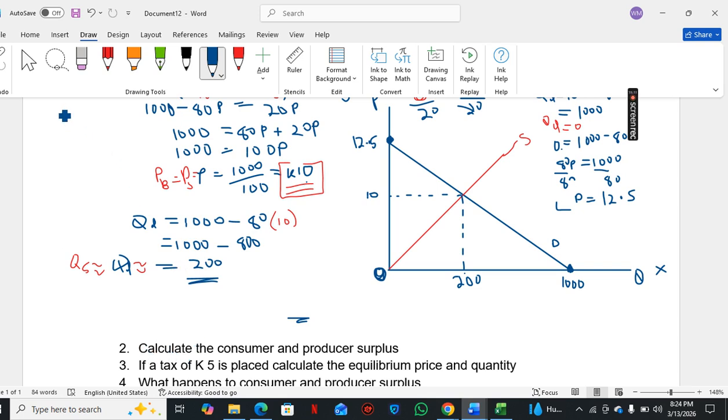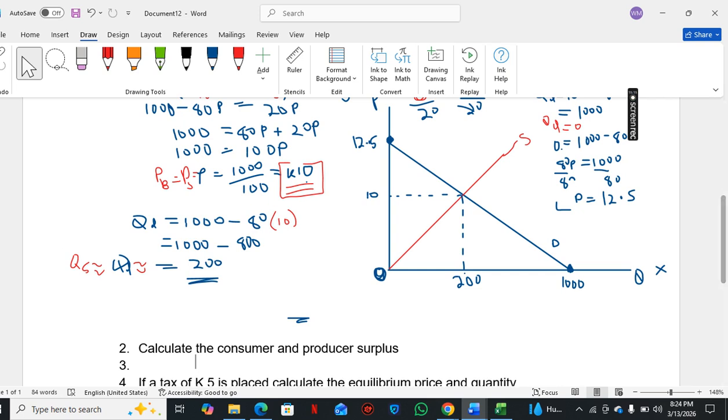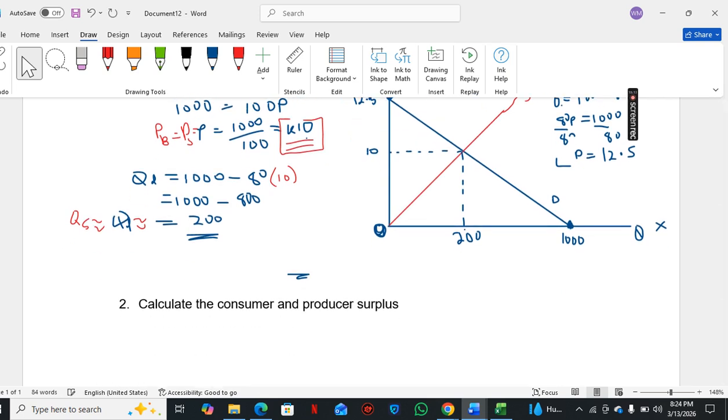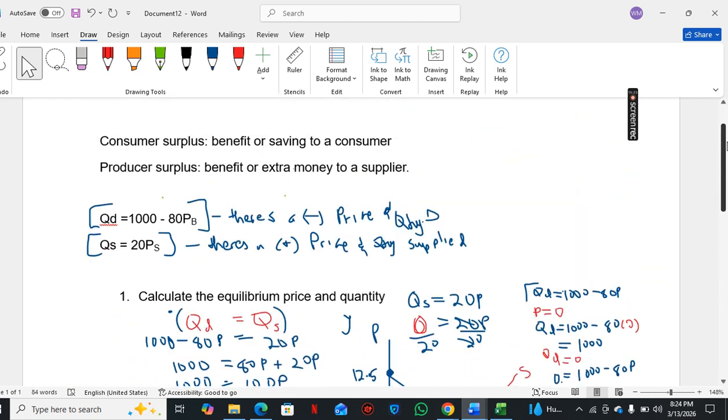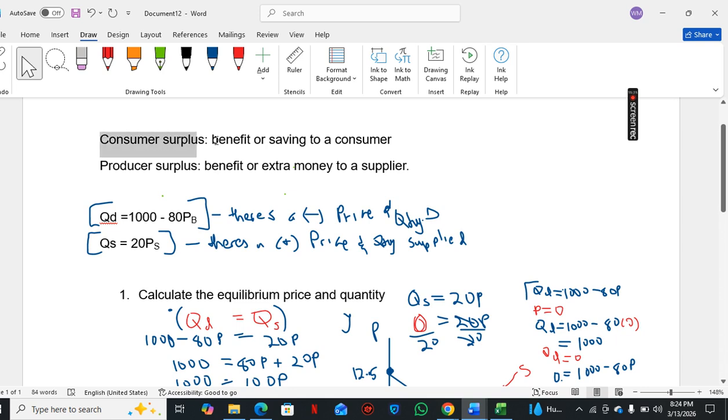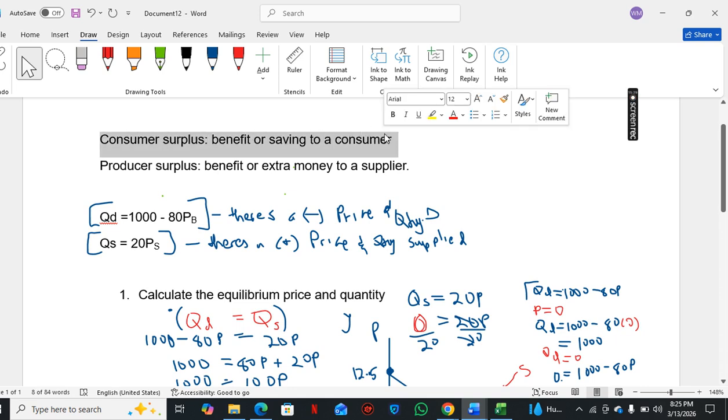Calculate the consumer and producer surplus. Okay, so colleagues, consumer surplus, this is the benefit or the saving to the consumer. Okay, I've written it here. Consumer surplus, benefit or saving to the consumer.